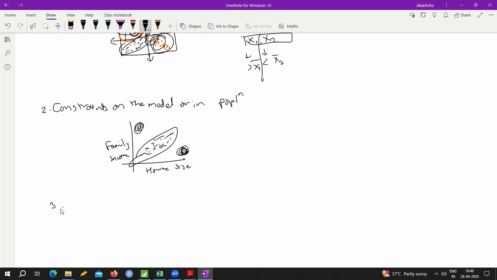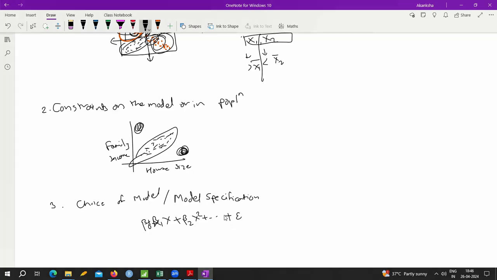Third reason is our choice of model. We have already discussed this while discussing polynomial regression. So, choice of model or model specification. When we were discussing polynomial regression, we saw that if we define our model as, say, beta naught plus beta 1x plus beta 2x square and so on, then the regressors are going to be correlated.